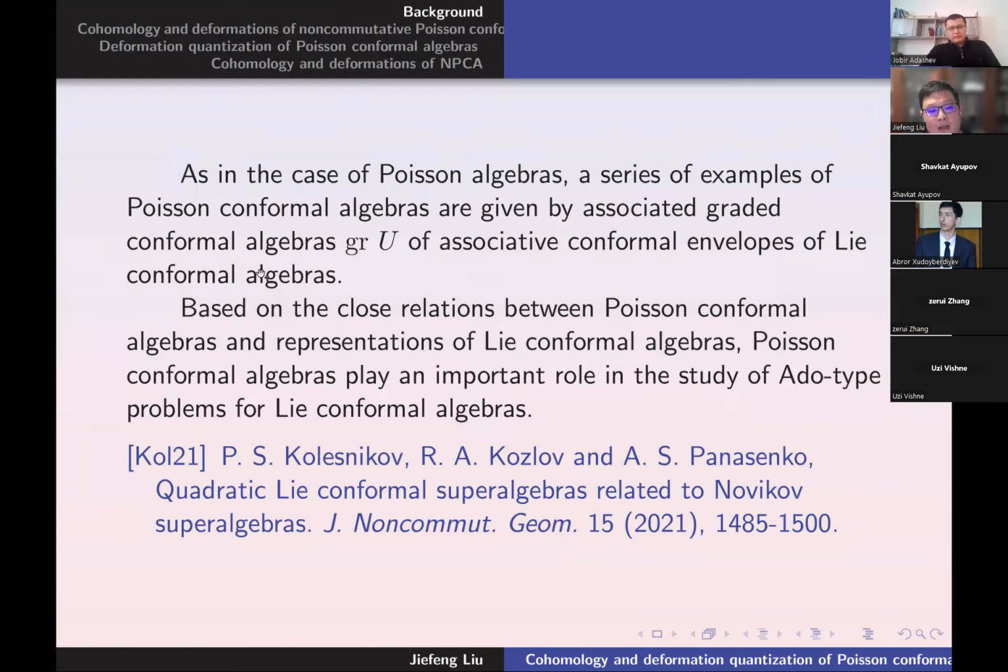The conformal algebra can't be embedded into the associative conformal envelope. It's just an injection, but not an algebraic embedding. There are close relationships between Poisson conformal algebras and the implementations of the conformal algebras. Poisson conformal algebras play an important role in the study of other problems for the conformal algebra. See this paper for more details.